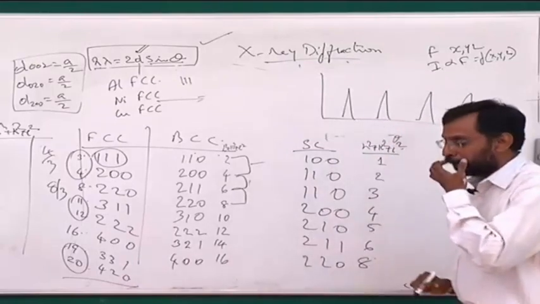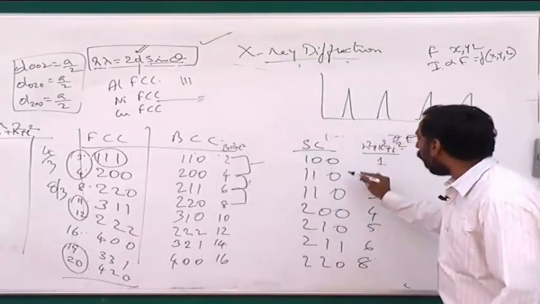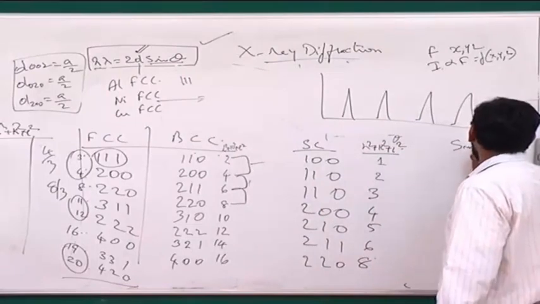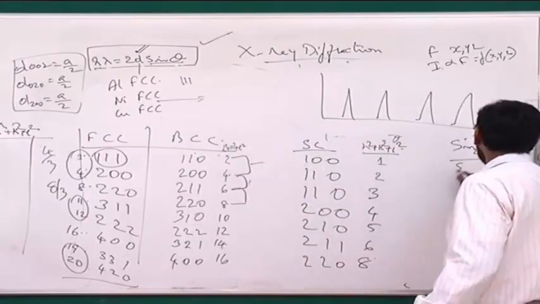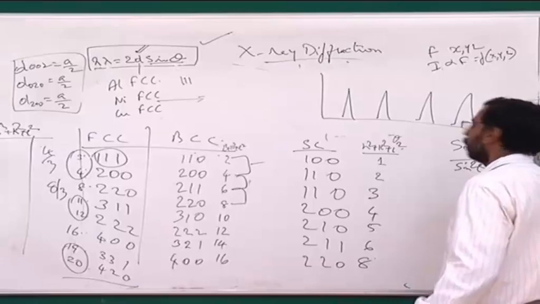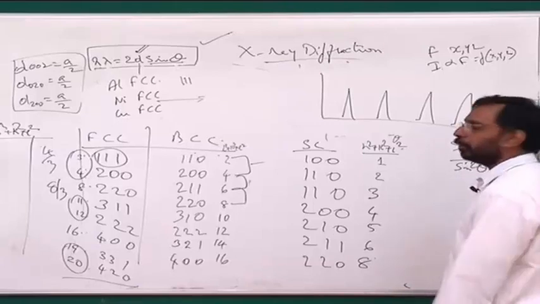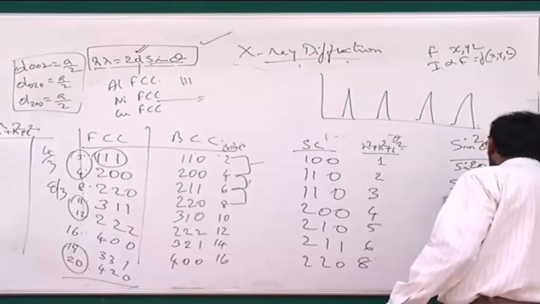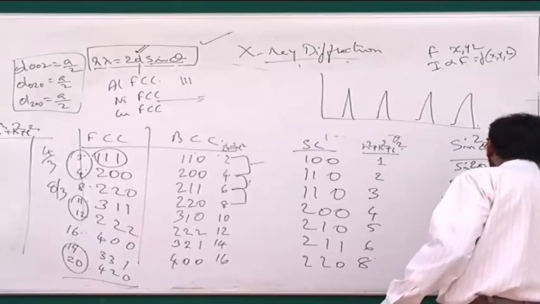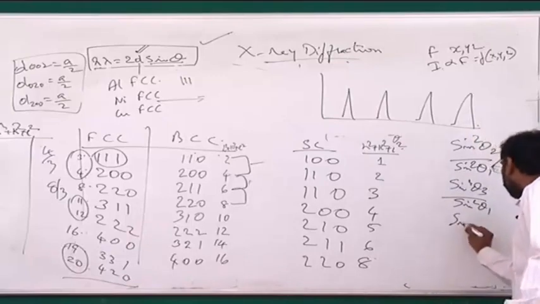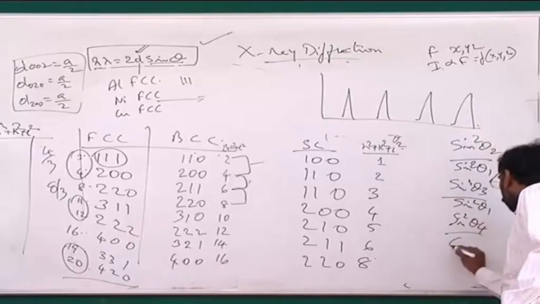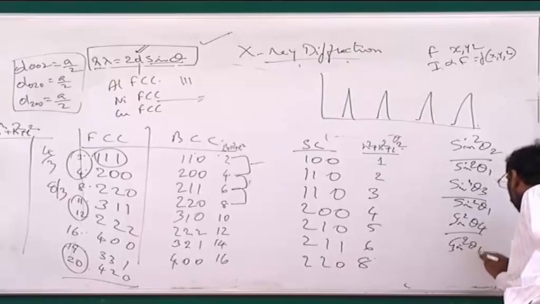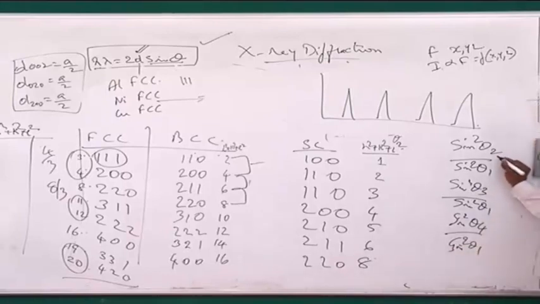The problem that comes is, if I start taking the ratios, sine square theta 2 divided by sine square theta 1, sine square theta 3 divided by sine square theta 1, sine square theta 4 divided by sine square theta 1, all these ratios are related to h square plus k square plus l square divided by the first.